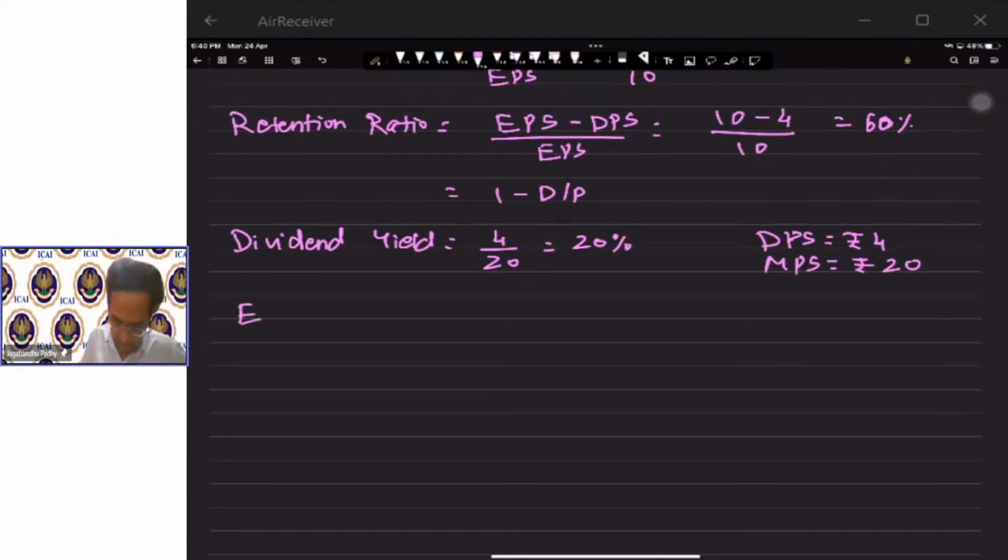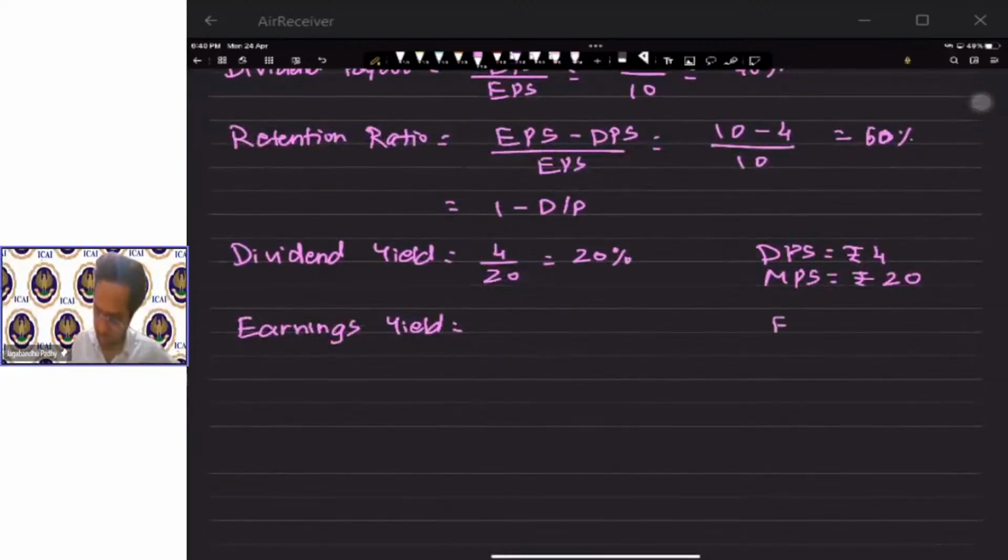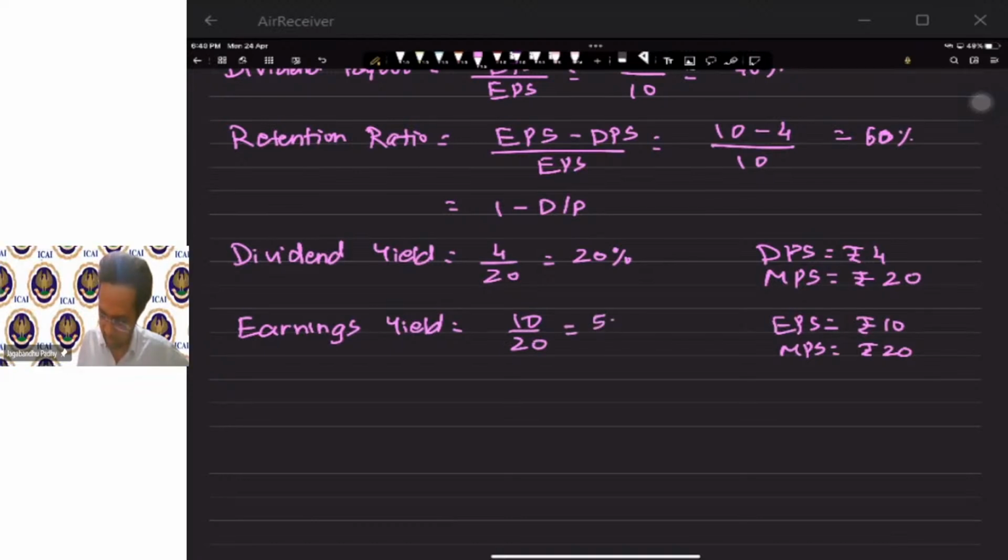And similarly, if I ask you, what is the earnings yield? Earnings yield is like, the company is having a per share earning of 10 rupees. And of course, the market price is 20 rupees. Then the earnings yield is 10 by 20, which is 50%.